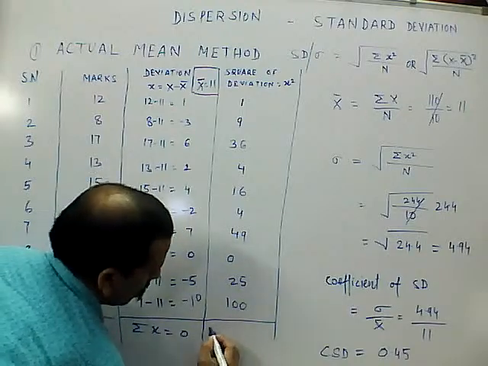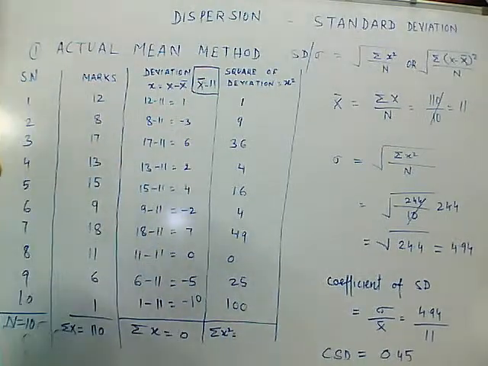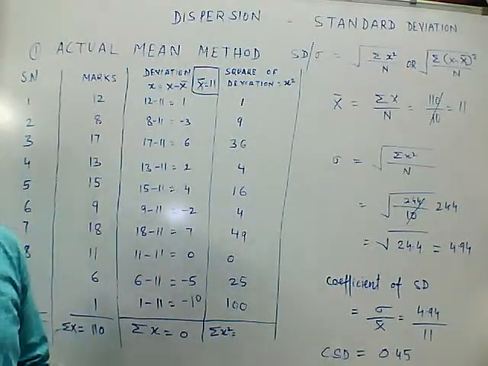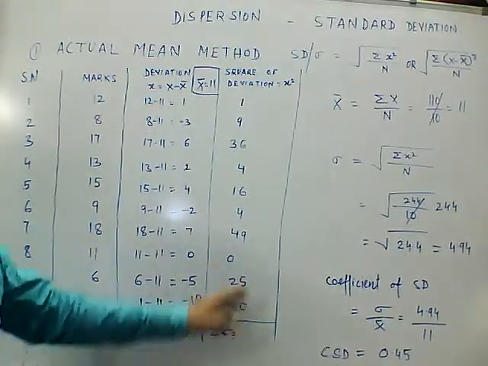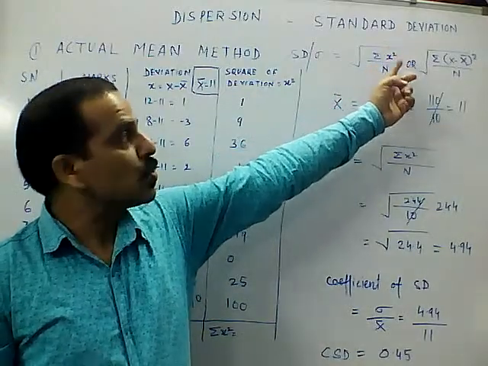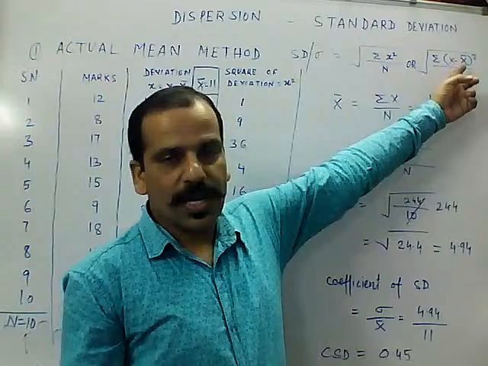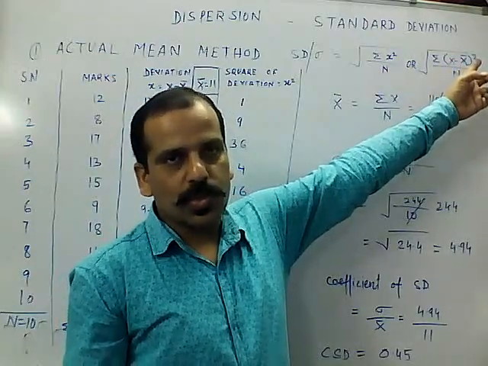So the summation of the square of deviation, that is x minus x bar whole square, means the square of the deviation.